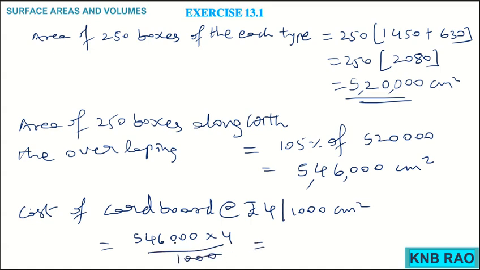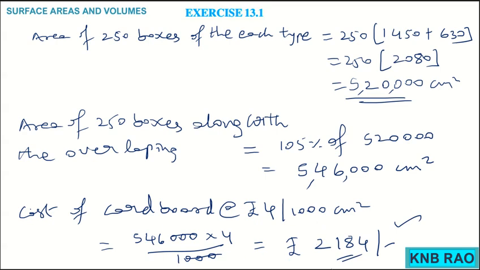So these 3 zeros will get cancelled. So 546 multiplied by 4 will give 2184 rupees. Now this is how we write, and we will write the conclusion properly.